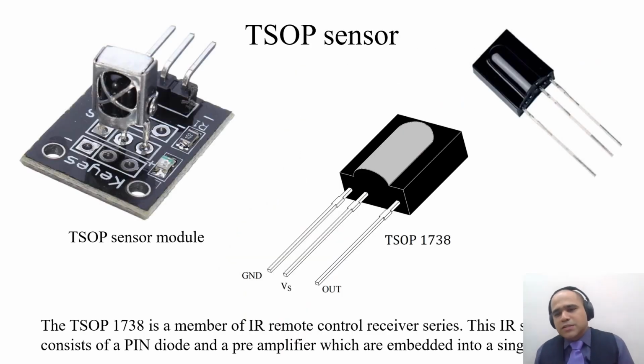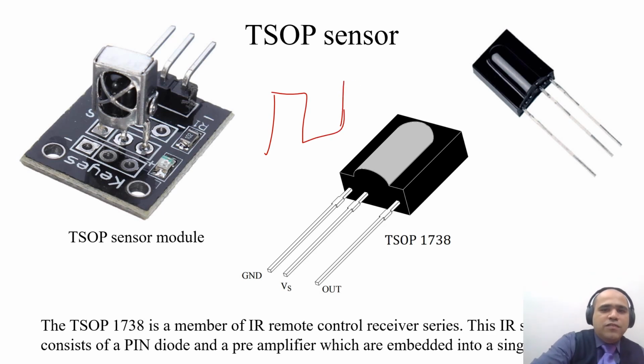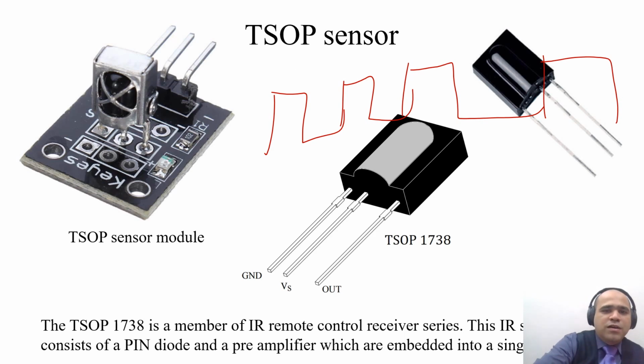Now, TSOP is a kind of IR receiver, but it not only gives whether there is an IR signal or not, it also gives information about what is inside that IR signal as a sequence. So these kinds of TSOP sensors might be able to decode a signal pattern of 1, 0, 1, and so on.